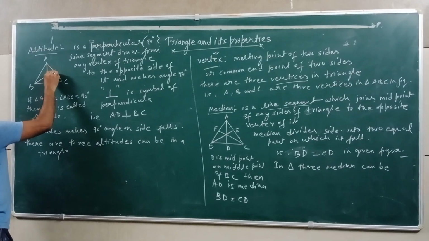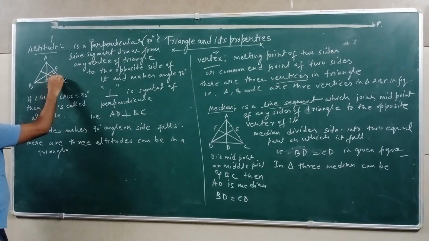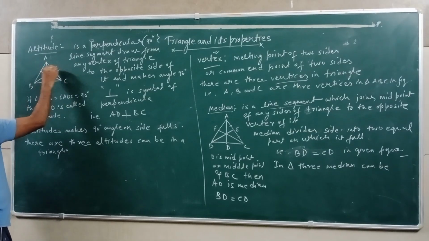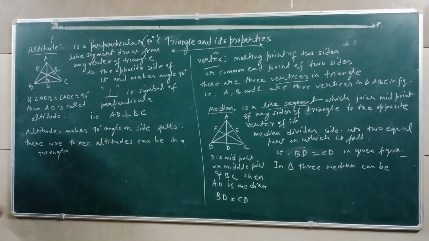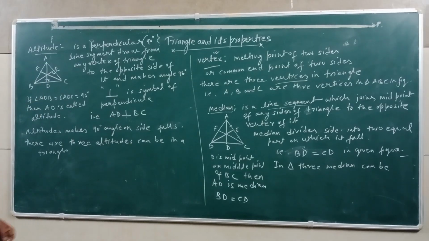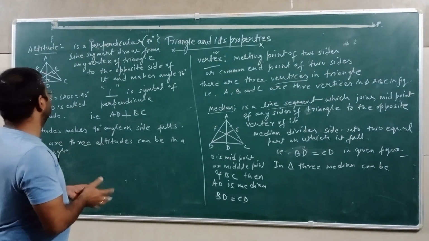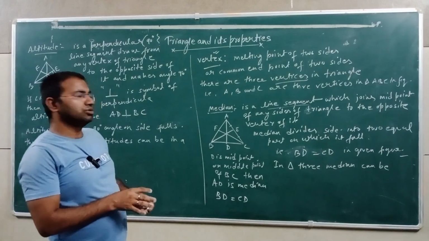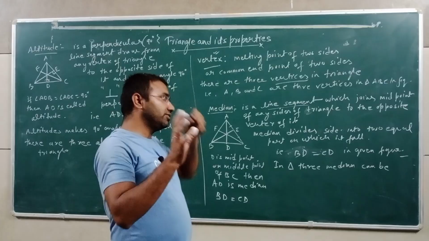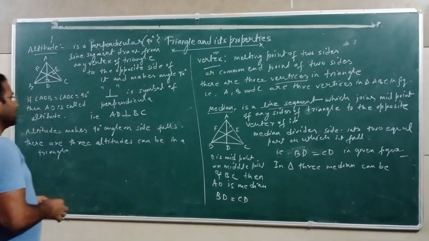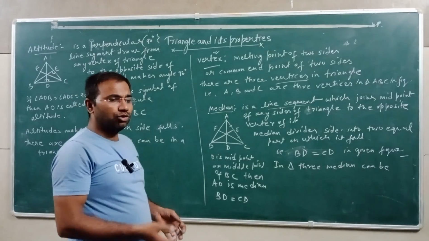From B you can draw an altitude making a 90-degree angle. From C you can draw altitude CF. In this way you can make three altitudes. So what is an altitude? I hope you have understood. An altitude is a line segment which makes a 90-degree angle on the side on which it falls. And what is a median? I hope you have understood.